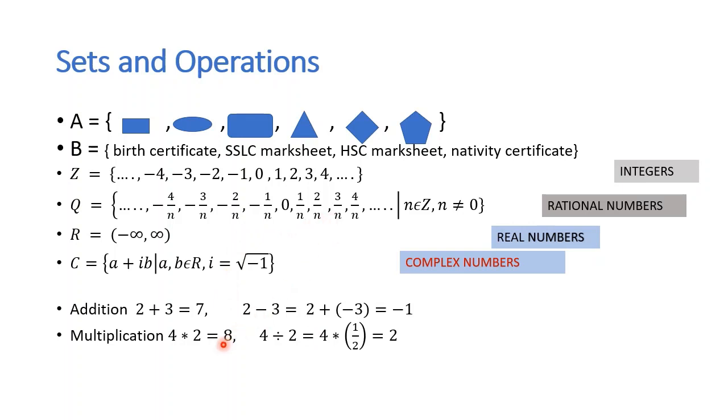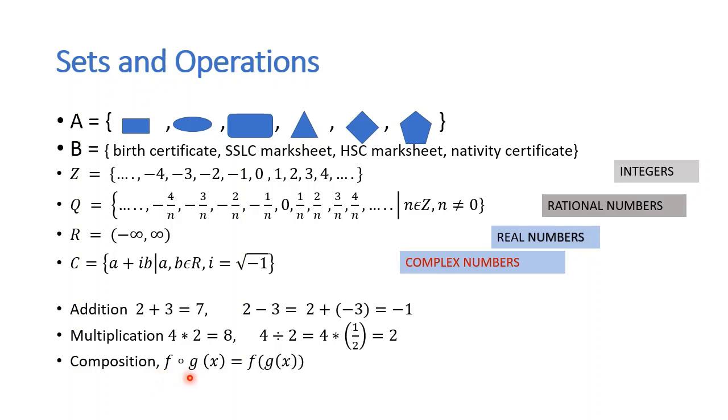Not only these basic operations, we have so many operations on sets. Like when we are considering the set of all functions from one set to another, then we can find the composition of functions, which is an operation on functions.